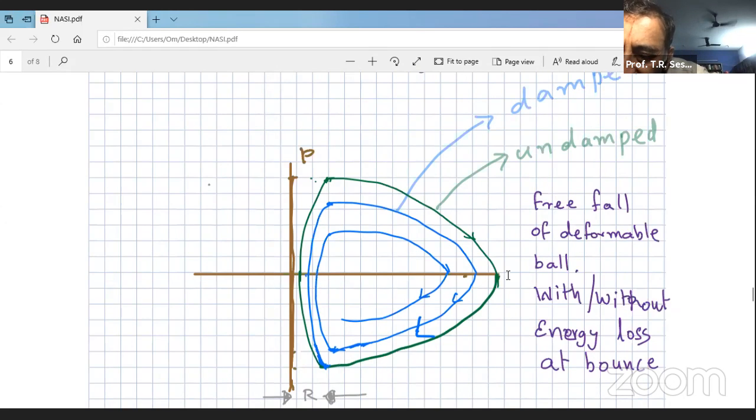However, when the center is at a distance r from the ground, the tip of the ball has now touched the ground. Since it has touched the ground, it has started deforming. But in the process of deforming, it is losing energy because of inelastic behavior.